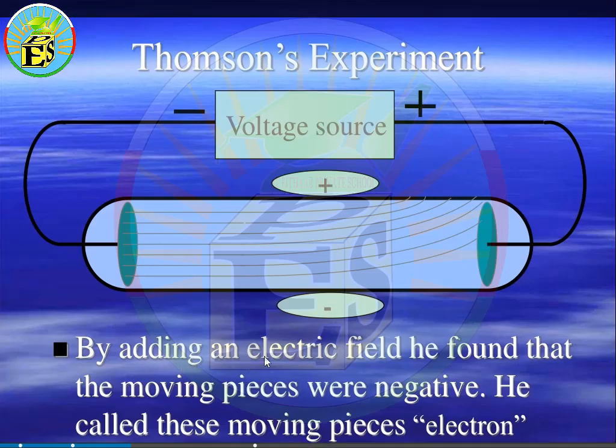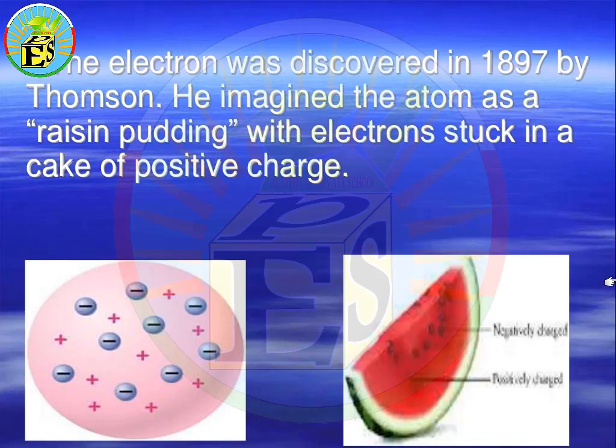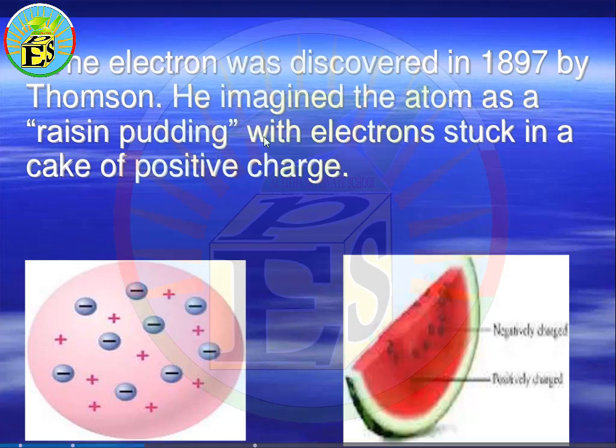He found that the moving particles were negative, and he called them electrons. The electron was discovered in 1897 by Thomson. He imagined the atom as a raisin pudding, with electrons stuck in a cake of positive charge.